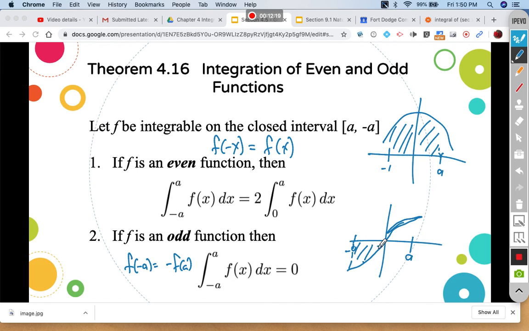Again, this area is going to be the same as this area, but this one is positive and this one is negative, and they're going to cancel out. So if you have an odd function and you're going from negative a to a, your integral will always be 0. If it's an even function and you're going from negative a to a, you can just go from 0 to a and double it.